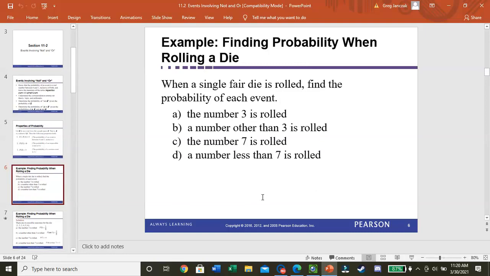So let's take a look at some problems. When a single fair die is rolled, find the probability of each event: a 3 is rolled. So here we have a fair die, right?